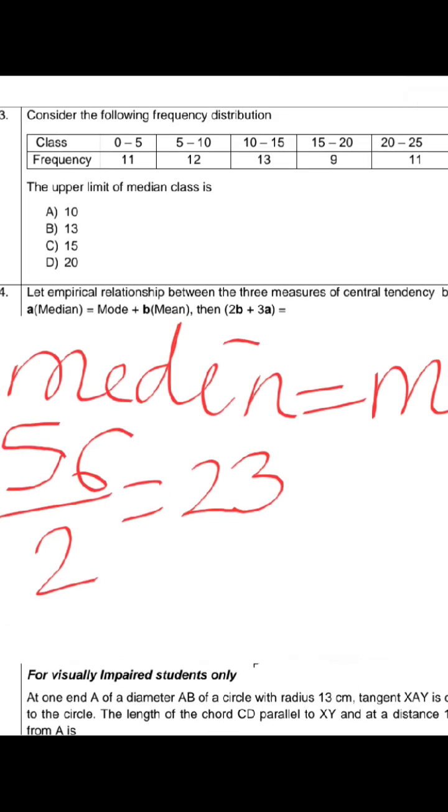Now see. We write here its cumulative frequency, CF. How can we write it? Just write 11. 11 plus 12 is 23. Now the next is 23 plus 13 is 36. 36 plus 9 is 45, and this here is 56.